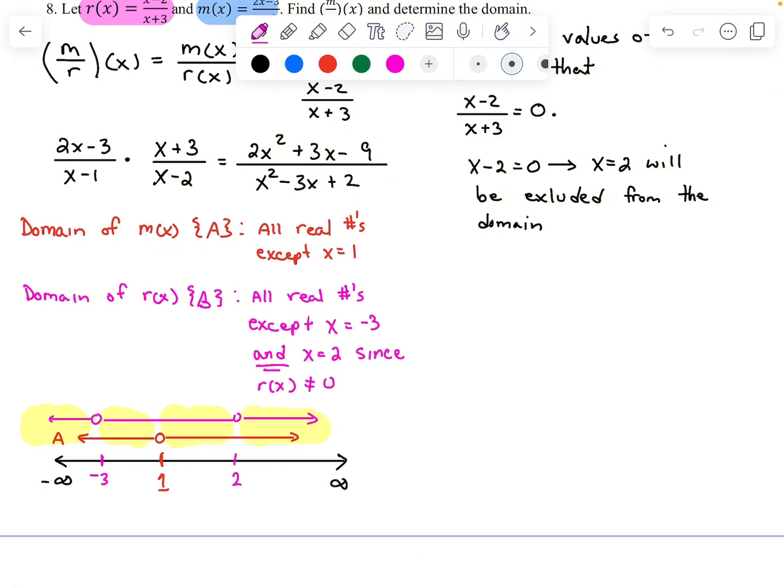So the intersection, A intersect B, is going to be the following. Negative infinity to negative 3, unioned with negative 3 to 1, union 1 to 2, unioned with 2 to infinity.